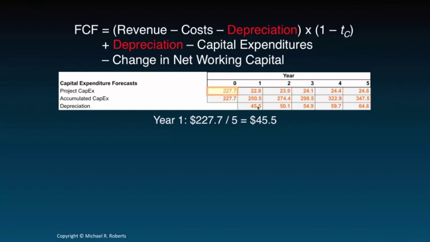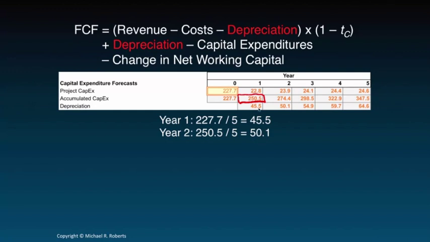And what I can do to compute the depreciation is simply divide last year's accumulated capital expenditures by 5. So the 45.5 in year one comes from 227 divided by 5. Year 2, 50.1 comes from the 250.5 divided by 5.